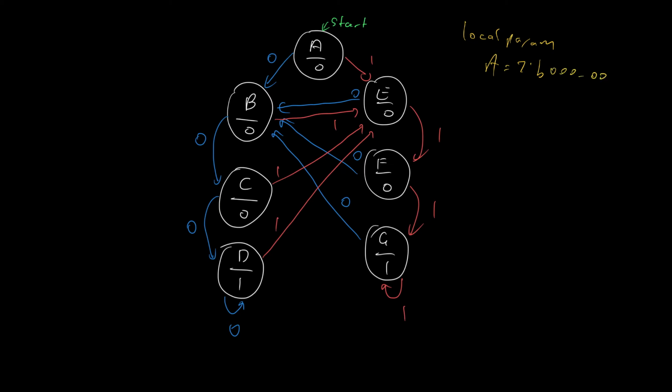So we can call state A that, state B this, state C this, and hopefully you see the pattern all the way down to state G, which is going to be 1 0 0 0 0 0 0. This is called one-hot encoding because only 1 bit is on in the state at any one time.